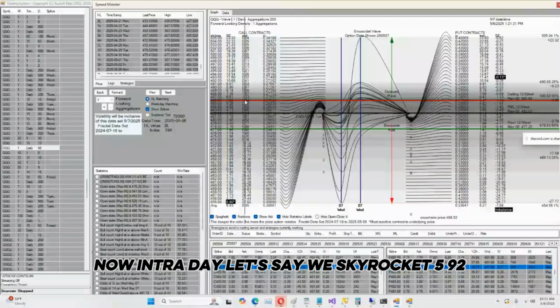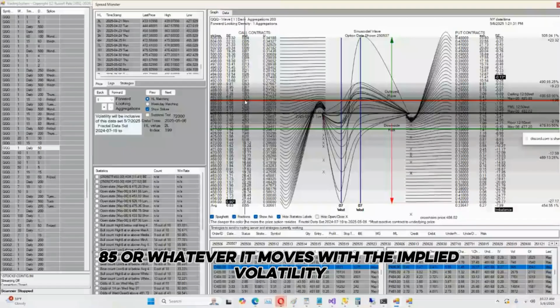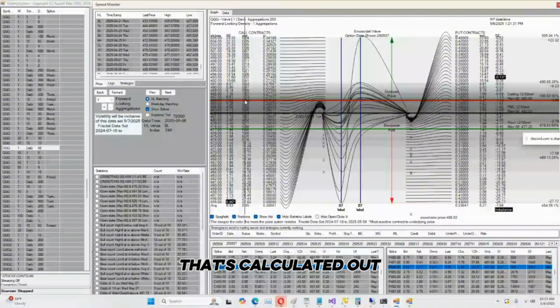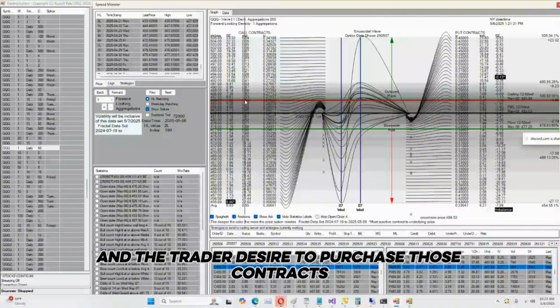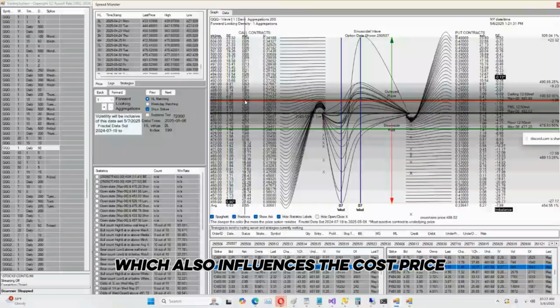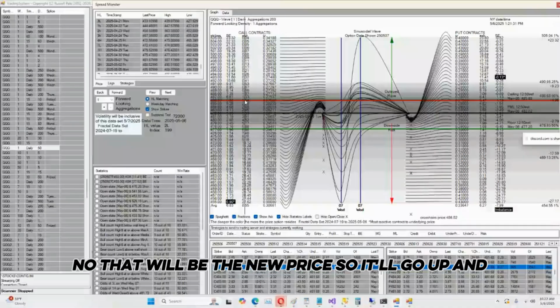Now, intraday, let's say we skyrocket 592, the implied volatility kicks up, then that ask price will skyrocket. Could be $3 or $3.20 or 285, or whatever it moves with the implied volatility that's calculated out, and the trader desire to purchase those contracts, which also influences the cost price because they can overpay. That will be the new price, so it'll go up.